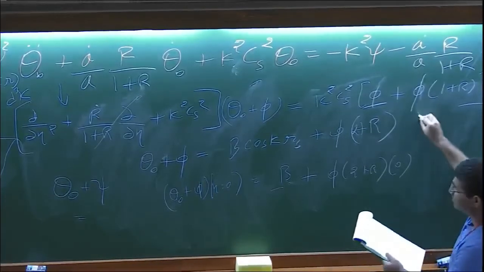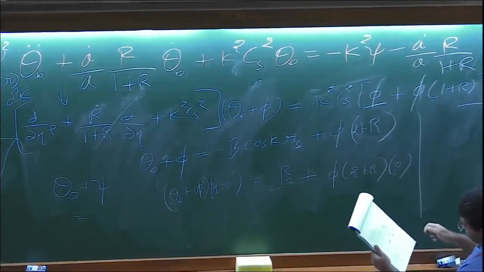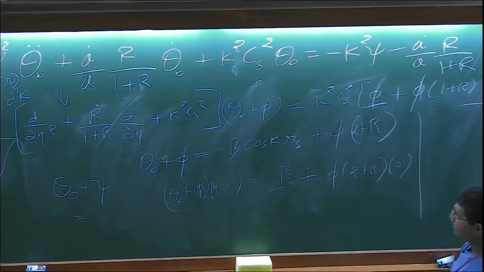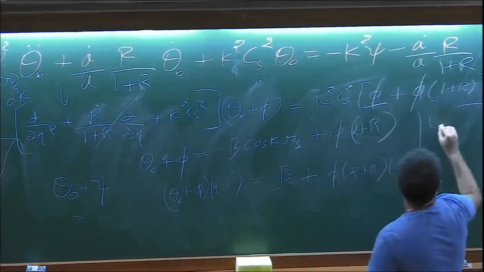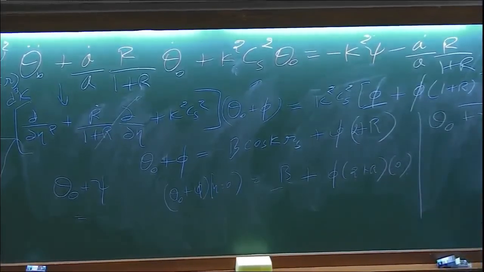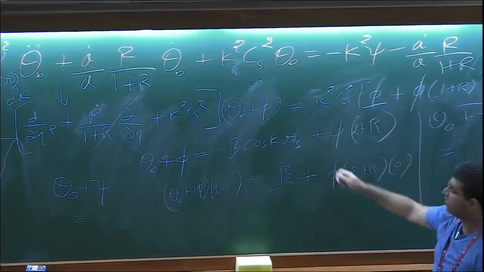So we write this in terms of psi. Theta 0 plus psi, where psi is minus phi, means this equation minus 2 phi.